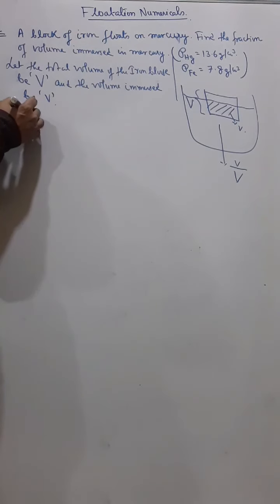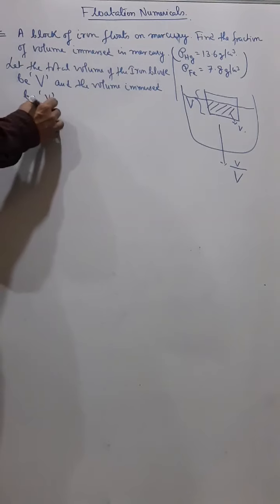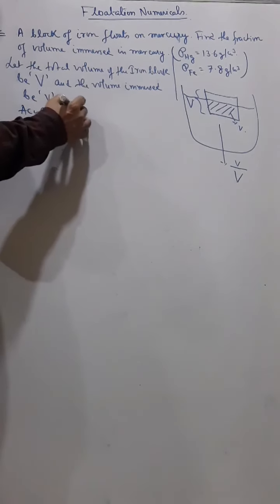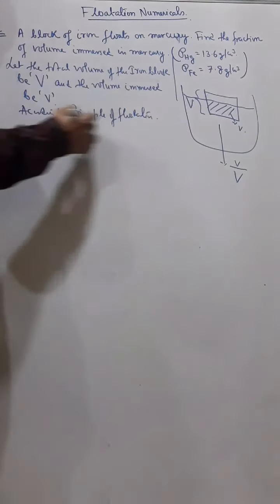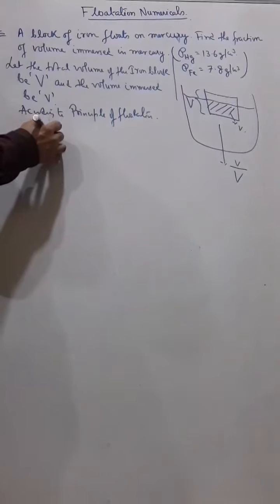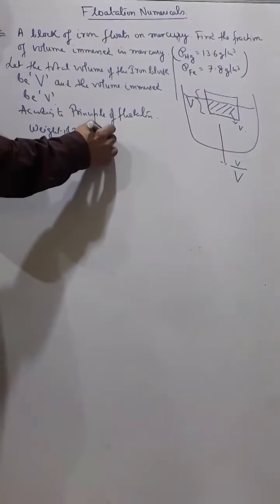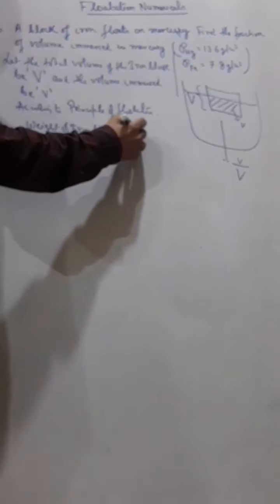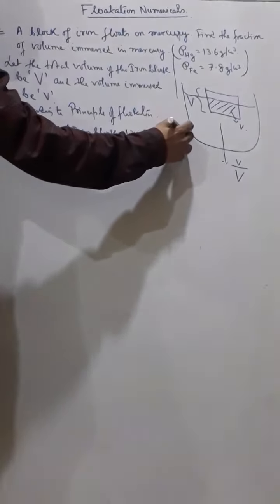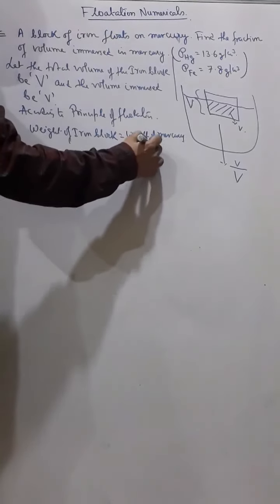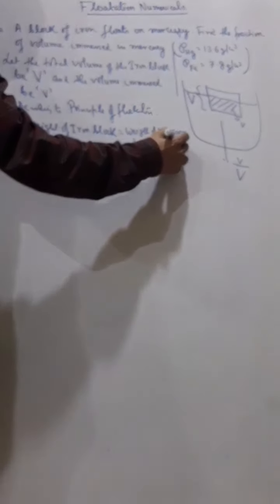Now we know, again according to the principle of flotation, weight of iron block is equal to weight of mercury displaced, that is upthrust.